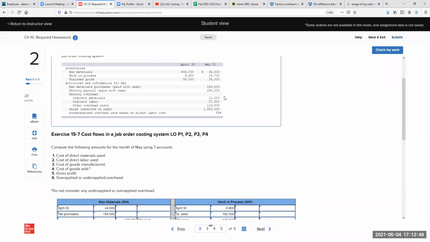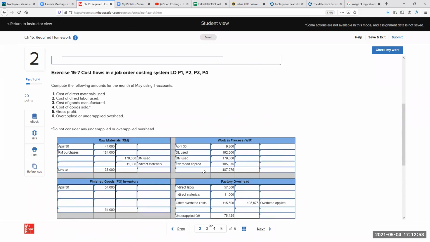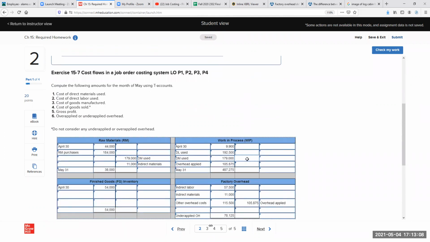All right. Now, what did work in process end up at? 19.7. And yet right now you have that many costs. So 487,275 minus 19.7 means 467,000 was finished.